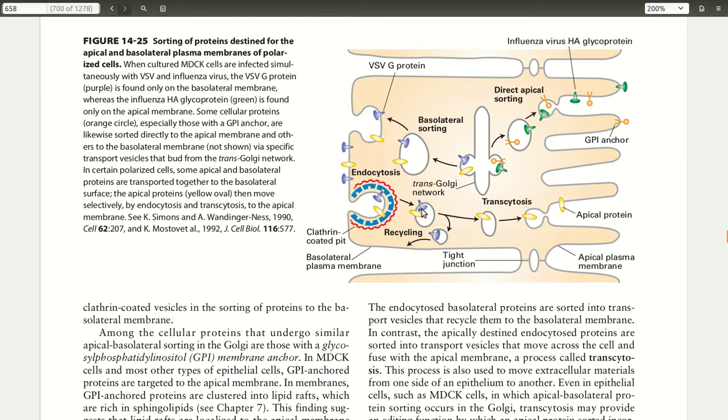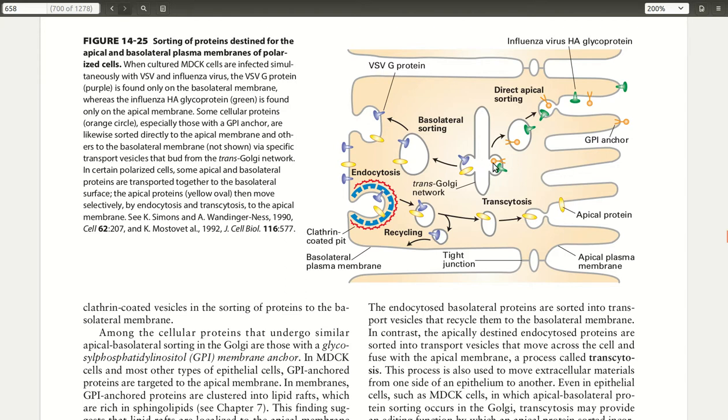And sometimes if the apical membrane protein is transported along with a basolateral protein, the basolateral protein could be recycled through budding off of this vesicle back to the basolateral membrane, and the apical protein will make its way back to the apical plasma membrane.